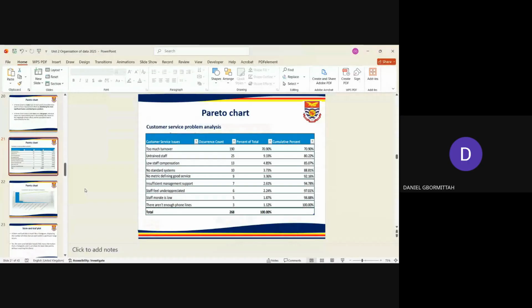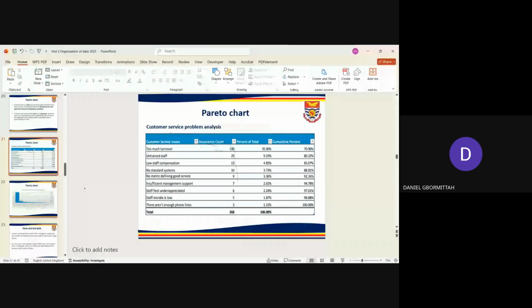Through to the last one, there aren't enough phone lines. When it's time for them to make calls, there aren't enough phone lines to make communication easier. Now, these are not the percentages but the occurrences, and what we have here matches with this one.